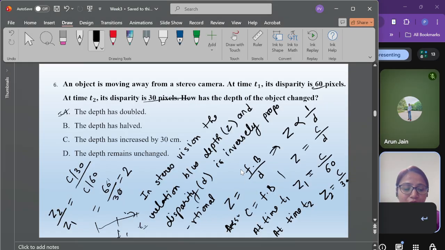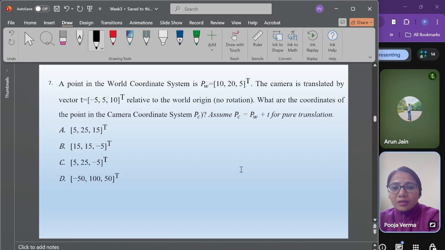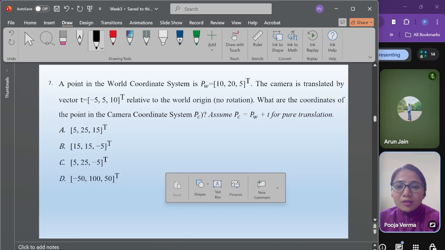Okay, so moving to our next question. Now the next question is: a point in the world coordinate system is PW, that is given as 10, 20 and 5. The camera is translated by a vector t, that is given here, -5, 5 and 10 relative to the world origin, with no rotation.